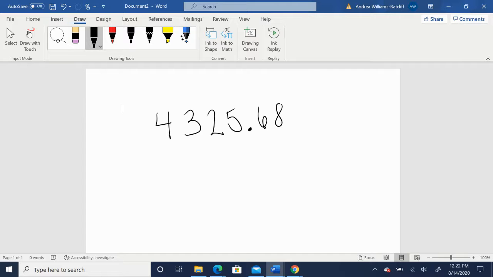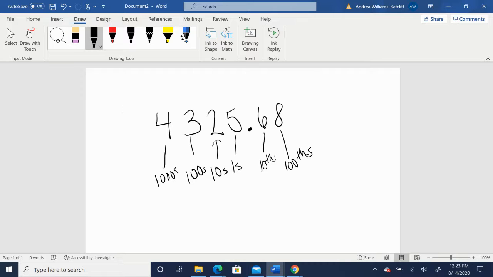If we start counting our place value, this of course is the ones place. Here we have the tens. Here we have the 100s, the 1000s. Here the tenths, and here the hundredths.